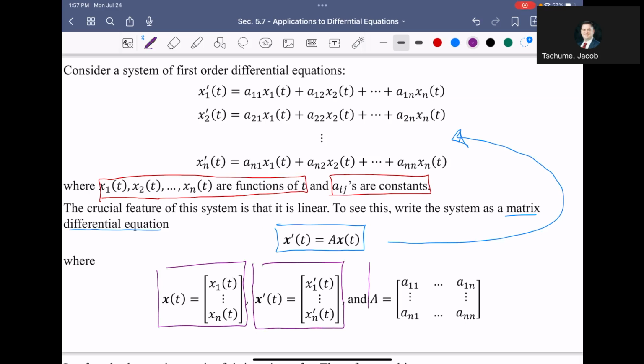And let the matrix A be the coefficient matrix of all the a subscripts that you see at the beginning. If we assume that those are written as vectors, we can now rewrite that system of first order differential equations as a linear matrix equation.